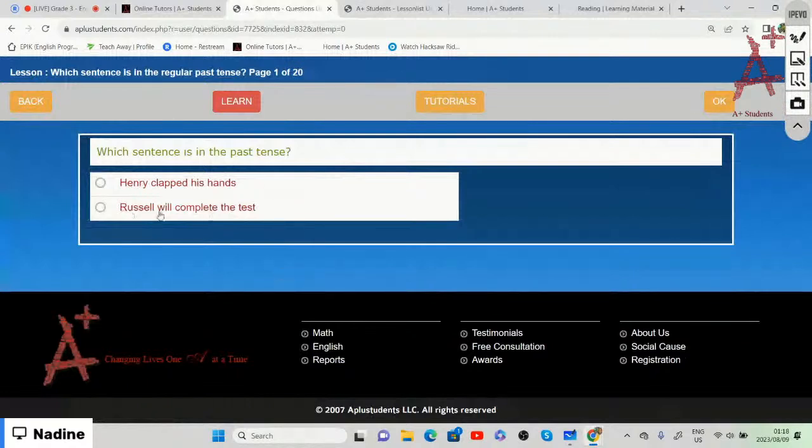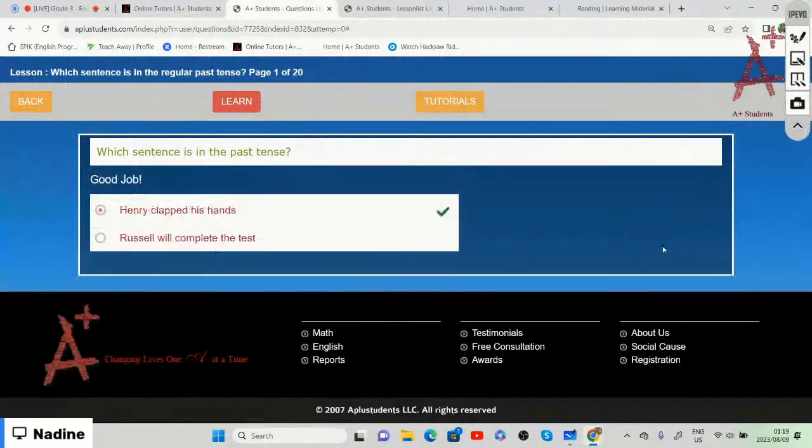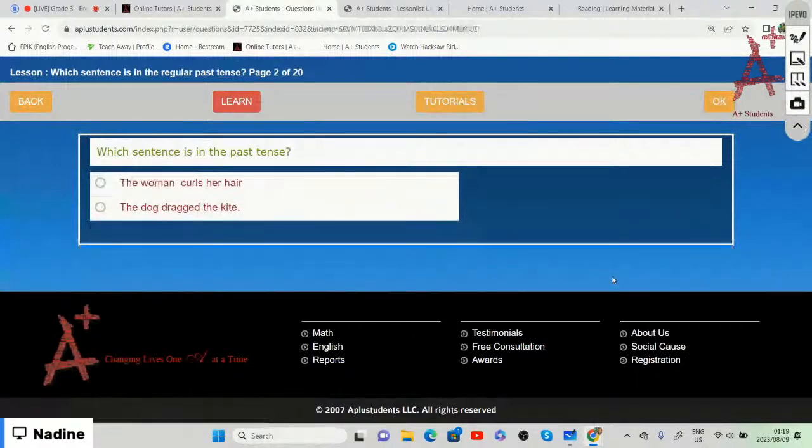All right, so in the past tense, we can say Henry clapped his hands. And also as you can see, clapped ends in an ed to show the past tense form. It has happened already.